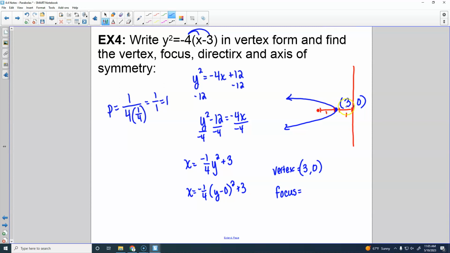X. So if we go from 3, 0, what are we going to have over here? Go left 1. 2, 0. Yeah. And then our directrix, that is going to be at 4, but it's a line instead of a point. So we're going to call it x equals 4.